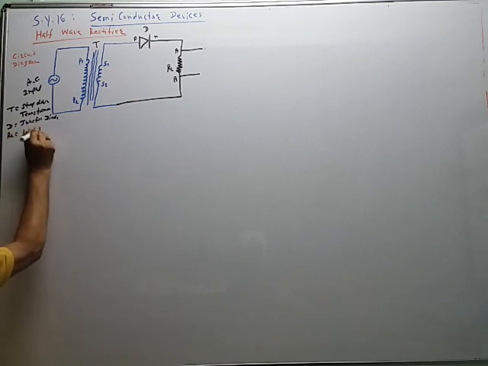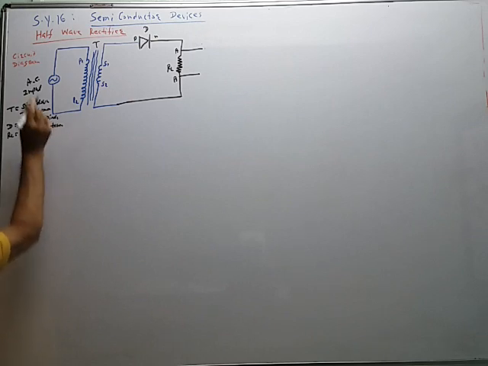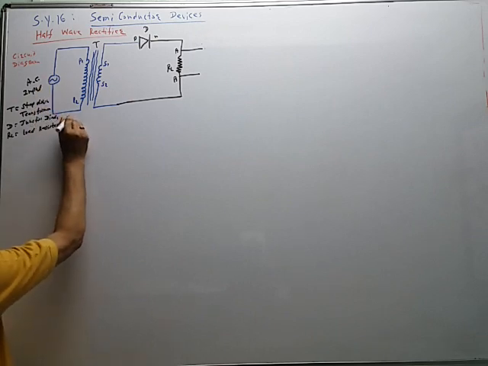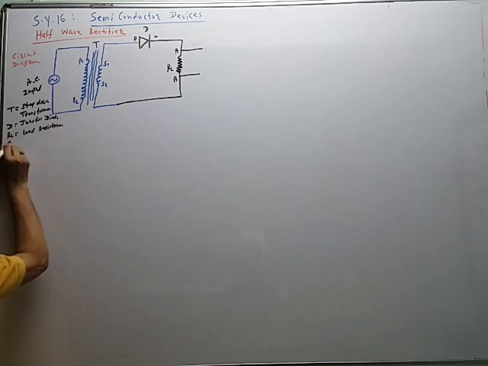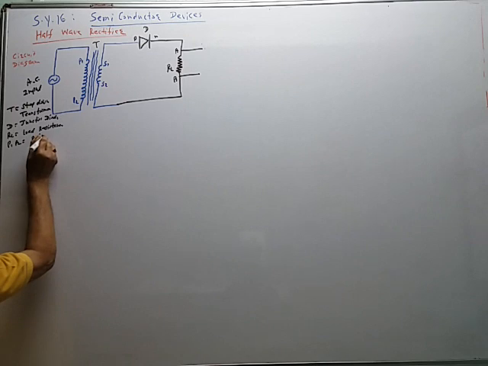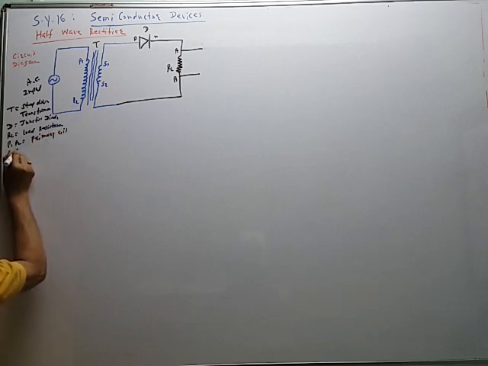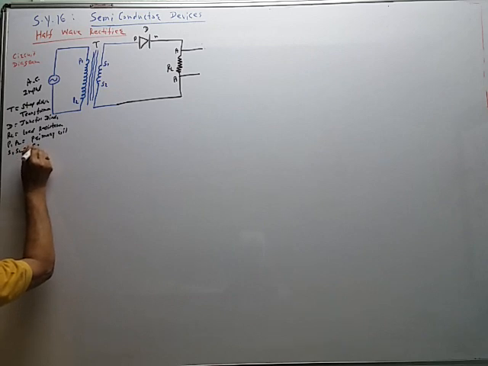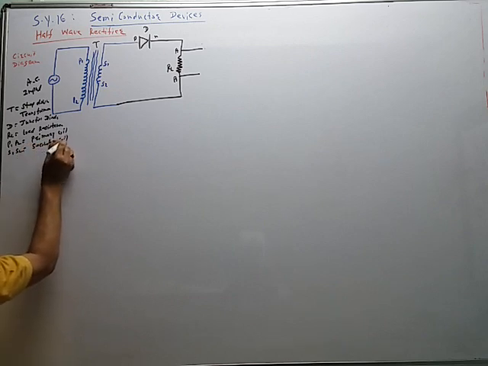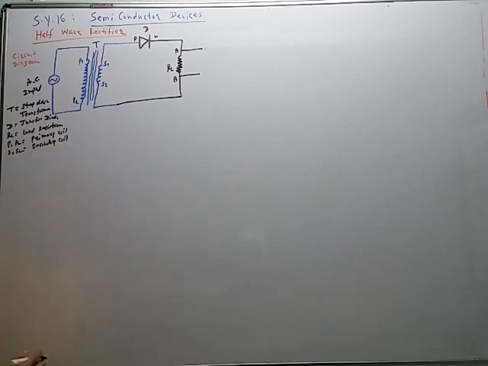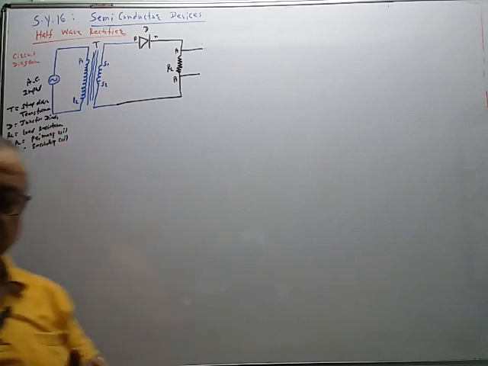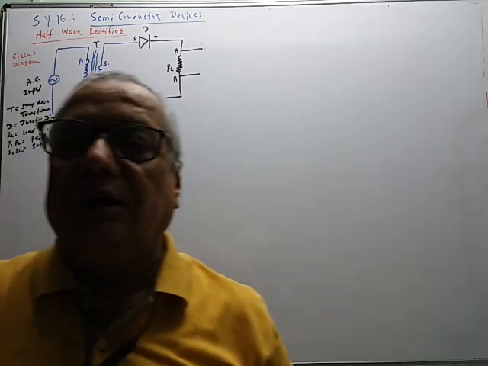L for load, R for resistance. P1, P2 primary coil. S1, S2 secondary coil. Like this.